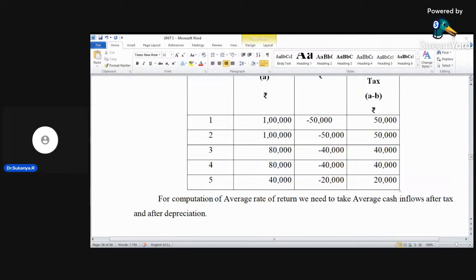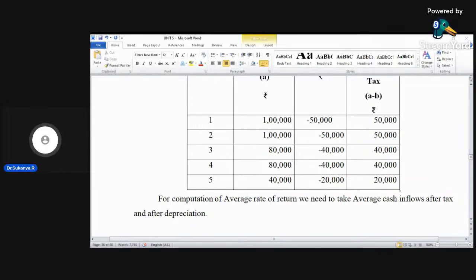First thing is, if you have a problem on ARR method, firstly you have to see whether the cash inflows that they have given you is cash inflow after depreciation and after tax. Because only if it is in the format of after depreciation and after tax, you will be able to start with the problem.